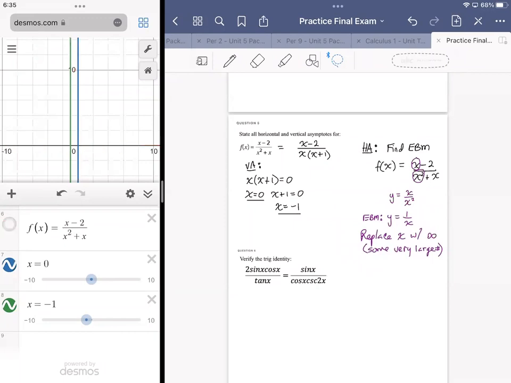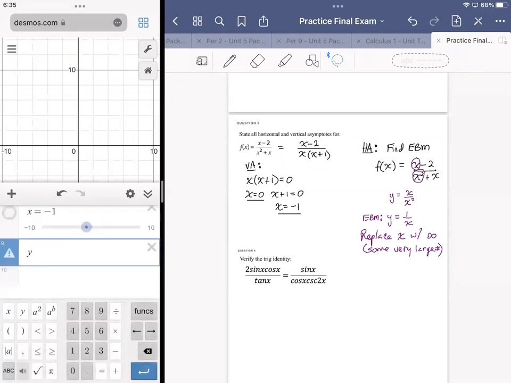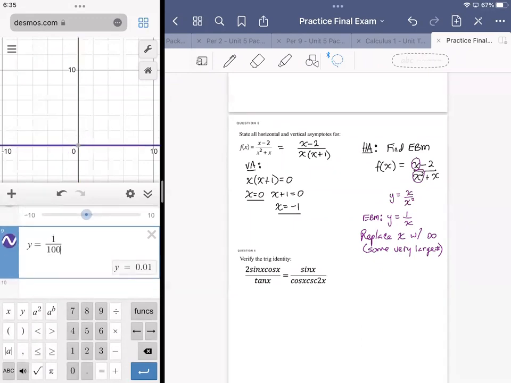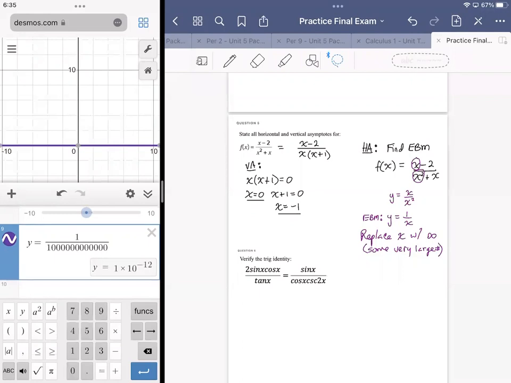So let me just pop in that value, for the equation y equals 1 over x. If I put in some really large number for x, like 100, 1,000, 10,000, and so on, just getting bigger and bigger, I want to be thinking about what the overall value of the function is approaching.